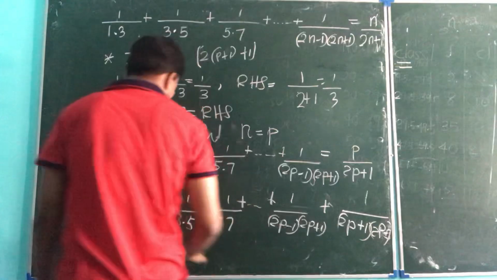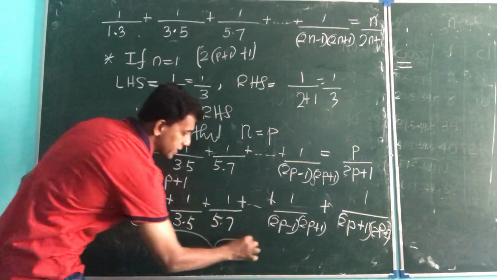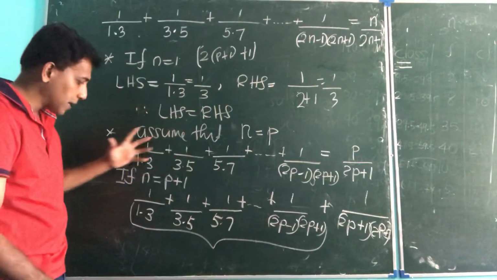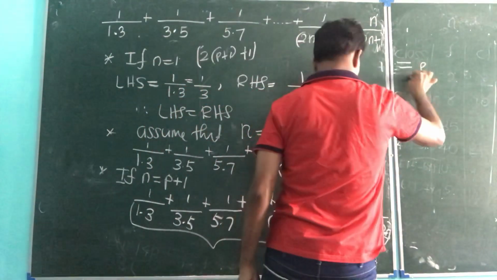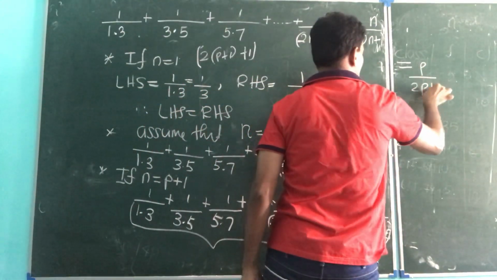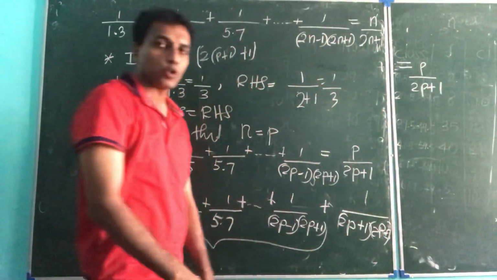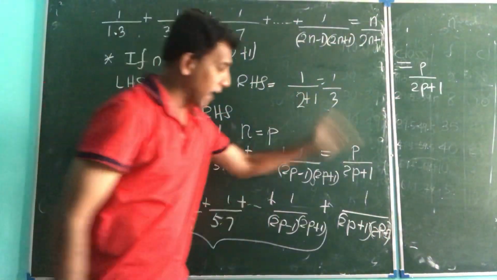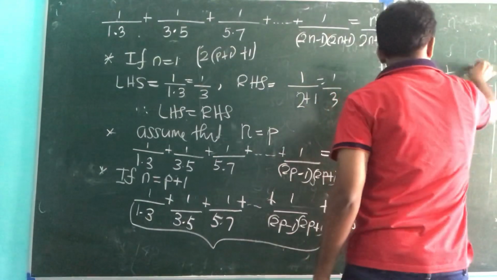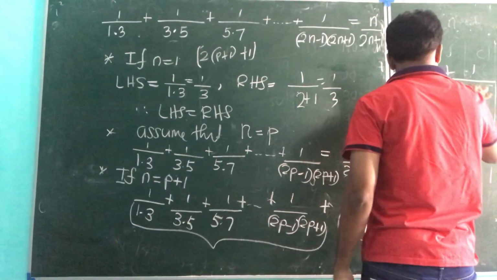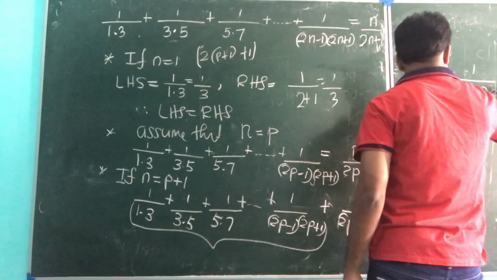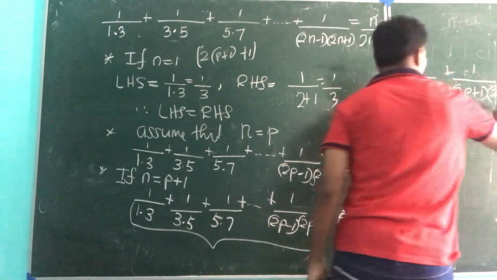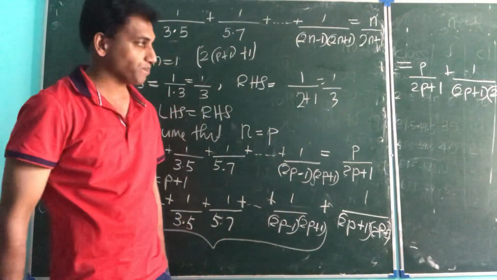So you know, the assumption answer up to p summation is p over 2p plus 1. P over 2p plus 1 plus that term, right? 1 over (2p plus 1)(2p plus 3), the next term.